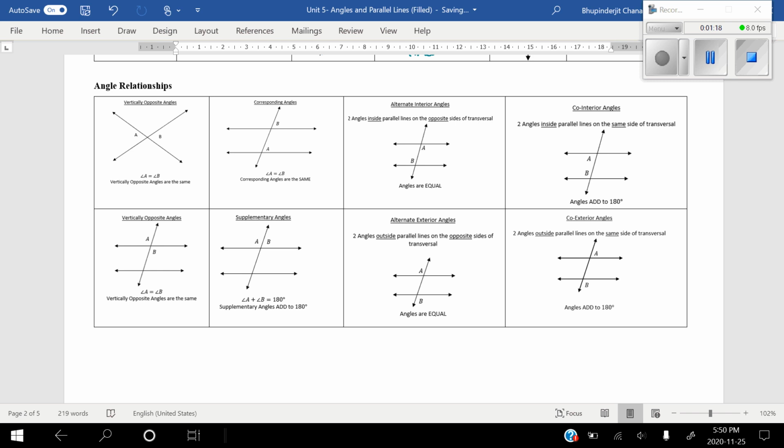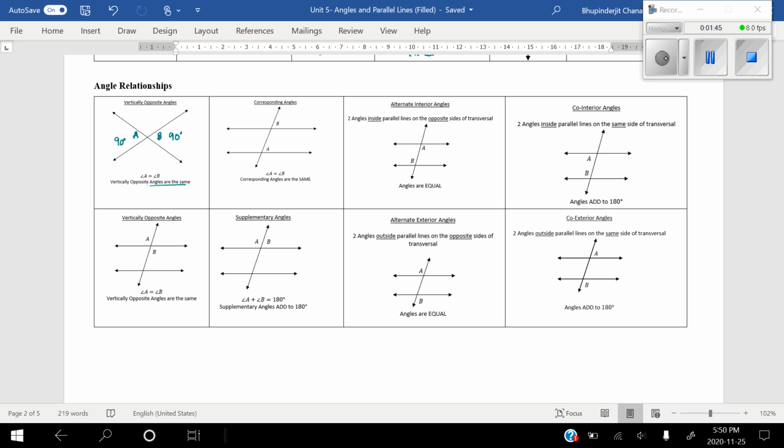All right, we've got some angle relationships here. First of all, we're going to talk about vertically opposite angles. Vertically opposite angles are the same. So in this situation, if angle A was 90 degrees, angle B would also be 90 degrees. Now we can have this scenario be on a set of parallel lines as well.